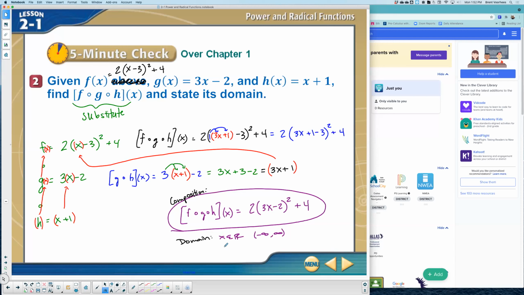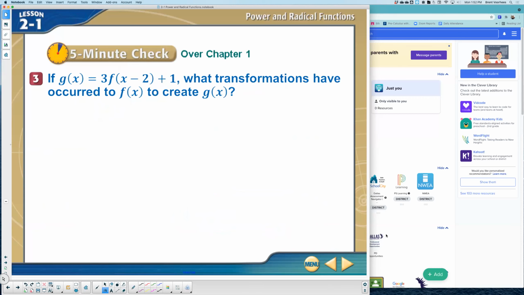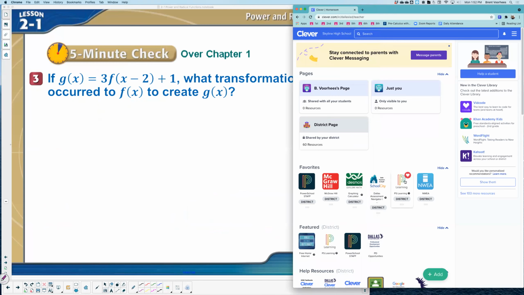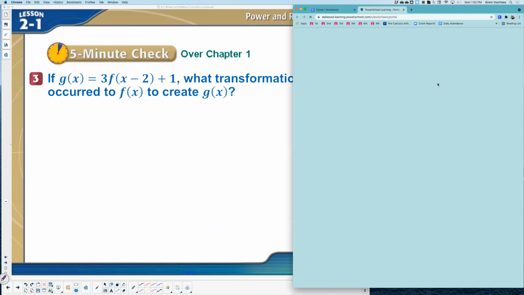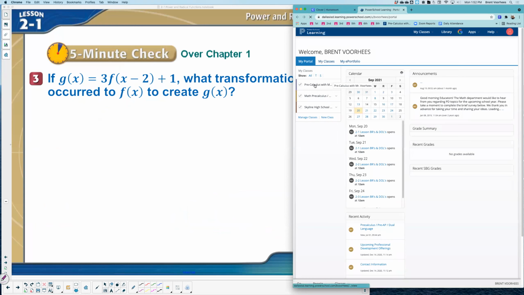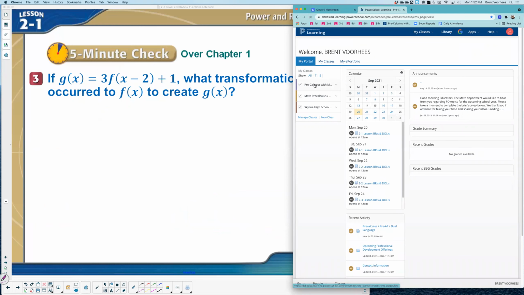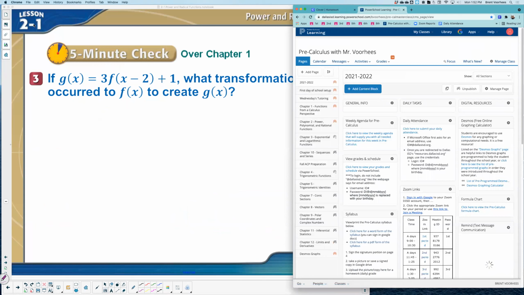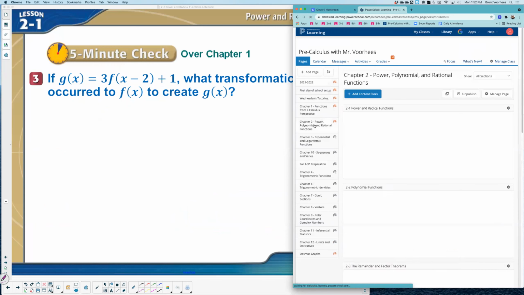All right, the last topic, number 3, will give us our fourth topic of the day. And I just realized I haven't opened up PowerSchool Learning. I'm going to go there. We're on chapter 2. If you're looking for where you're supposed to submit these answers on a packet that says 2-1, well, go to chapter 2. That's where you're going to submit these.